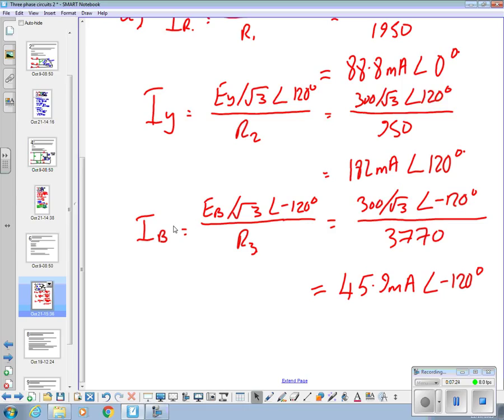However, on these diagrams, I did use E phase because that is also an applied thing. Once you include the neutral, you've got a phase applied voltage that is the line voltage over root 3. So generally, for what comes from a battery or a generator, I try to use E for that applied voltage, the EMF, and then use V for volt drops across resistors and things like that. Alright?